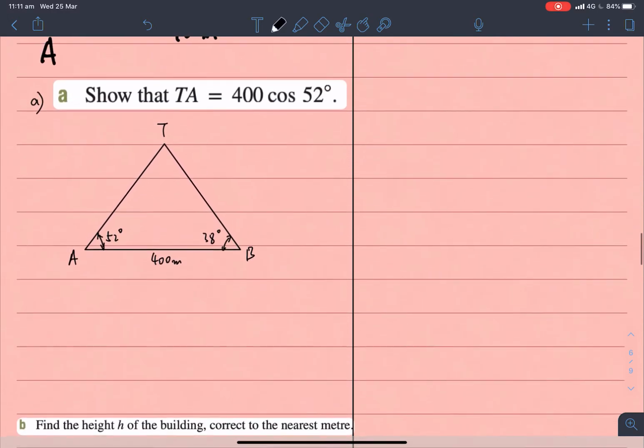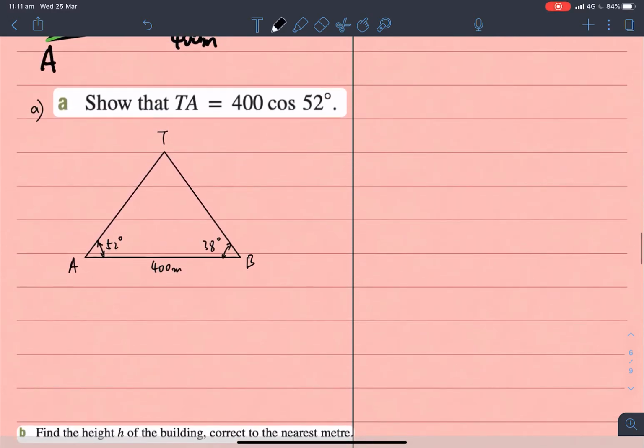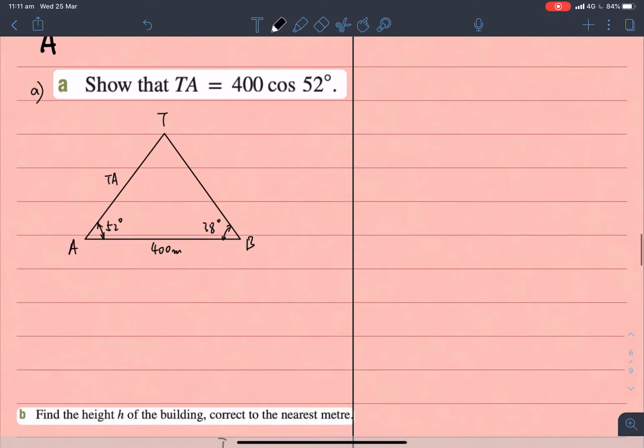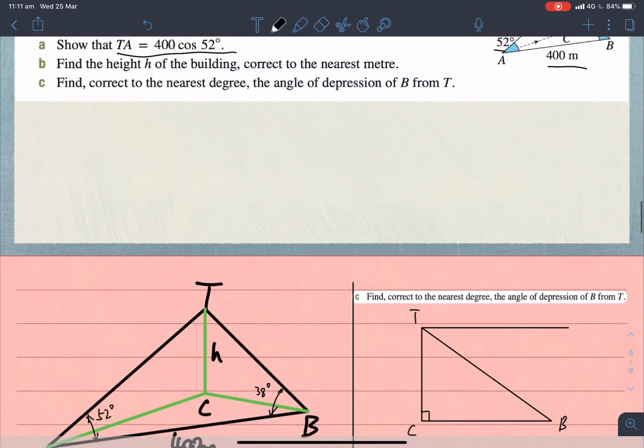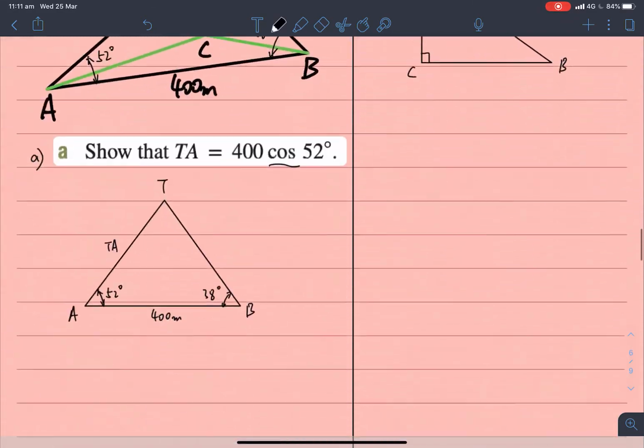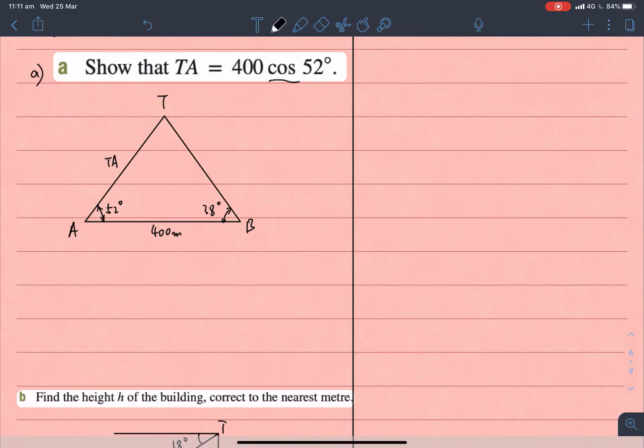So we got those, and we want to know TA, so TA on this side equals 400 cos 52. Well, we probably need to use the cosine rule, but let's see what this angle is first.